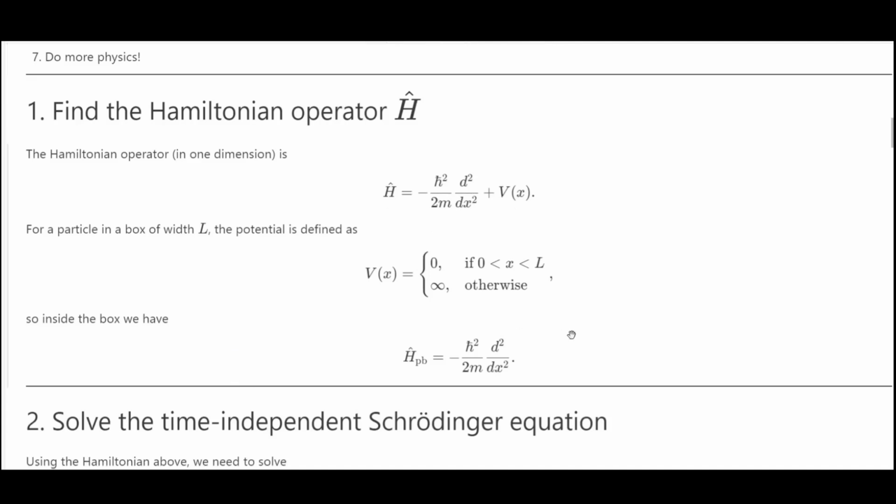So we begin by finding the Hamiltonian operator, and in general, the Hamiltonian can always be written like this.